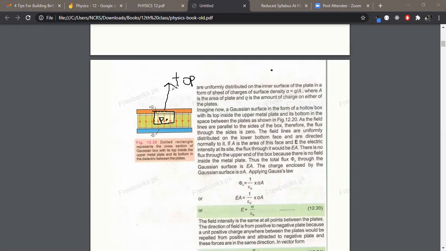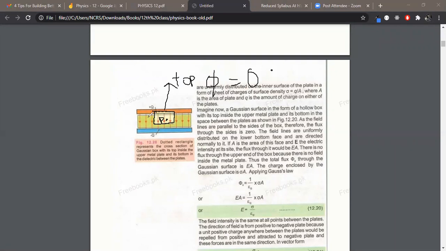Because the electric field is always present outside of the surface that is producing the electric field, not on the inside. So as the electric field is zero, the flux will be zero. So we can say that at the top, flux is zero.